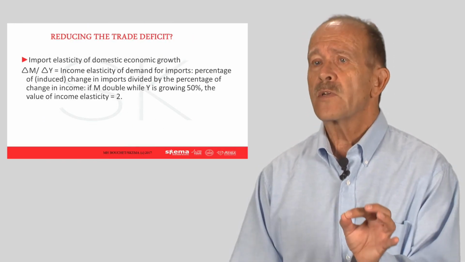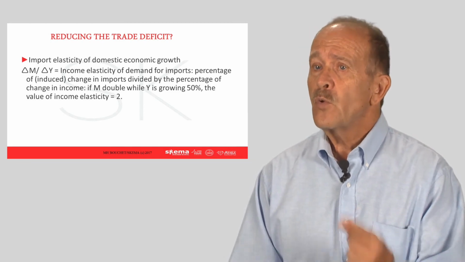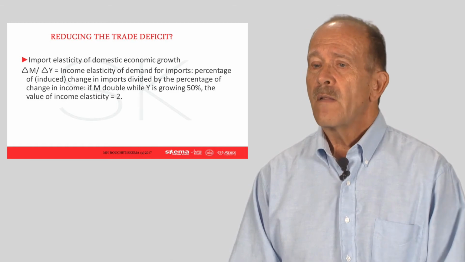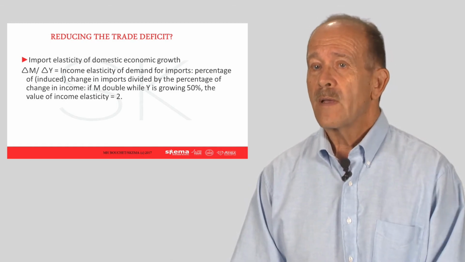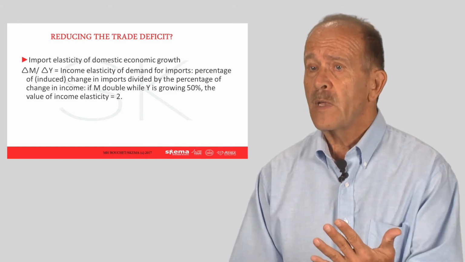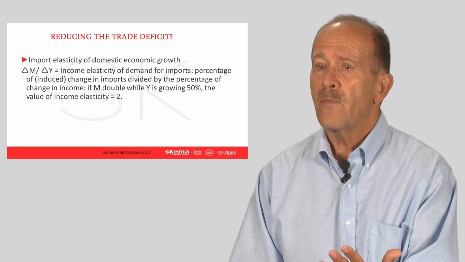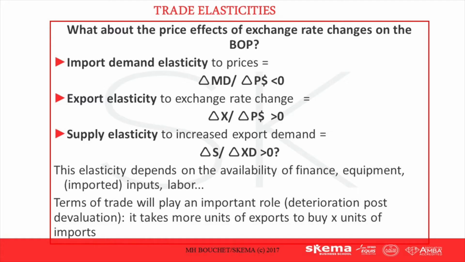One crucial condition for successful devaluation is that import volumes do not increase. Otherwise, the higher cost of imports will offset the export stimulus and it's back to square one. Larger devaluation will be necessary, leading to imported inflation, hence a vicious circle. All in all, one can sum up a number of supply and demand elasticities that have to do with the country's economy as well as with the global economy.